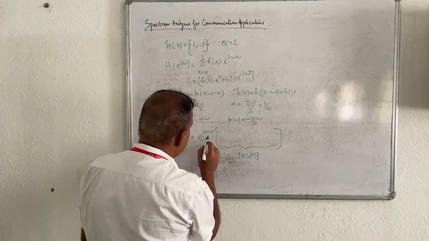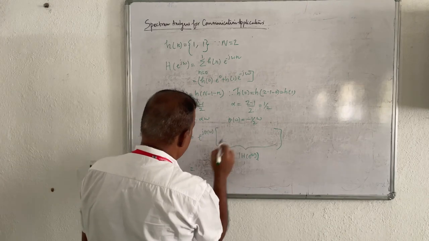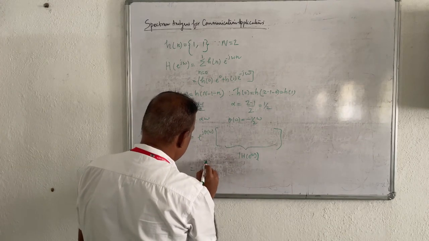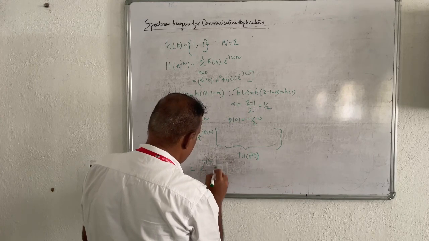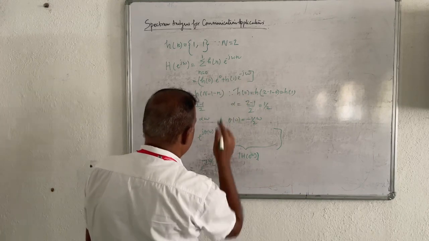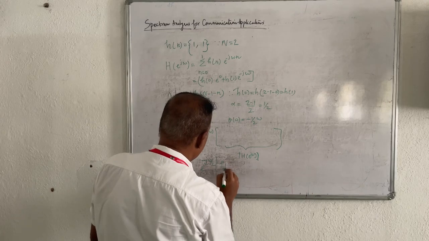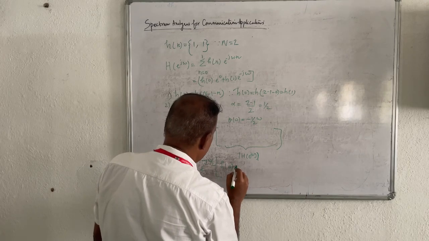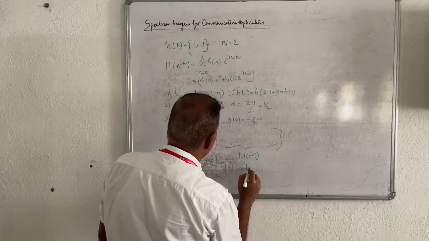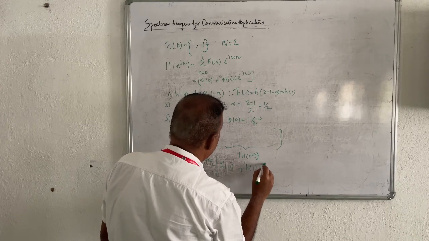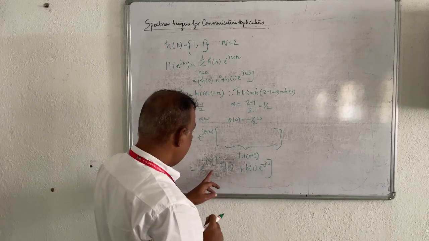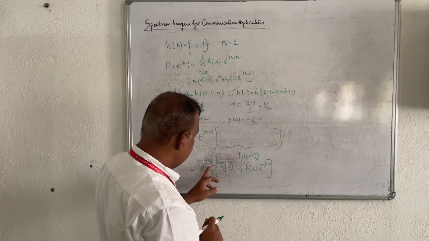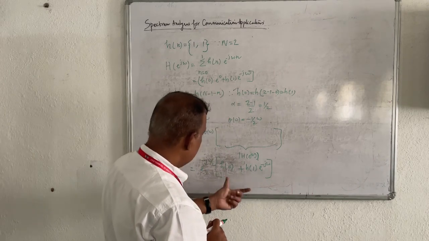So what is theta of omega? Theta of omega is minus omega by 2, so the phase term is e power minus j omega by 2. And what is this h of 0 e power 0? It is h of 0, that is 1, plus h of 1 e power minus j omega. So I am taking e power minus j omega by 2 outside.